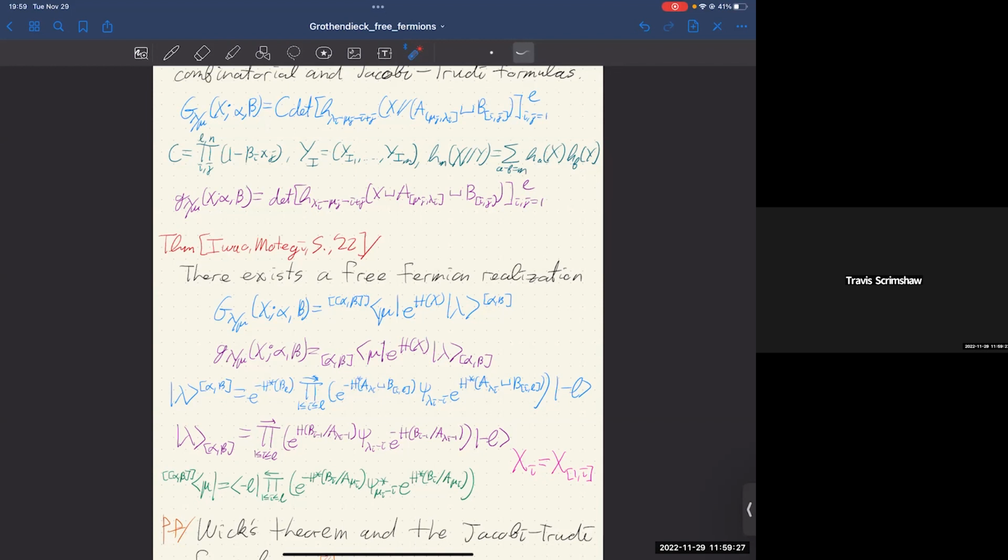And similarly, for the little g lambdas, I do that same sort of conjugation by the half vertex operators. And then this bra here is the dual, just applying star to this vector, this ket.